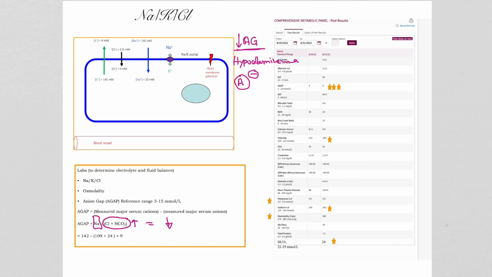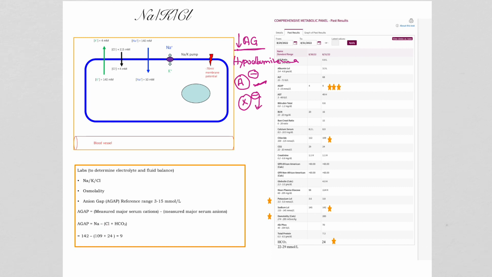So one reason for a decrease in anion gap is a decrease in unmeasured serum anions. If any serum anions that are unmeasured decrease, that is going to increase this chloride and bicarbonate, and that's going to result in a decreased anion gap.